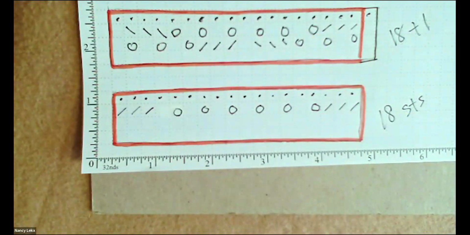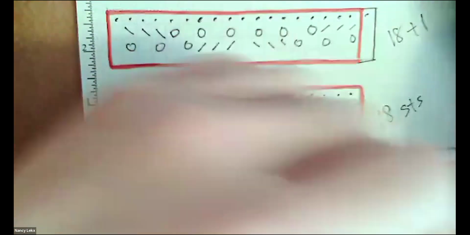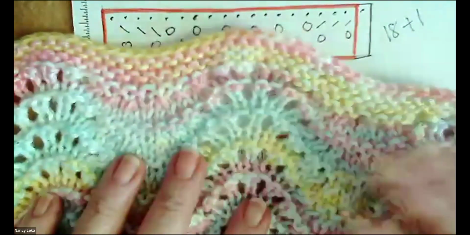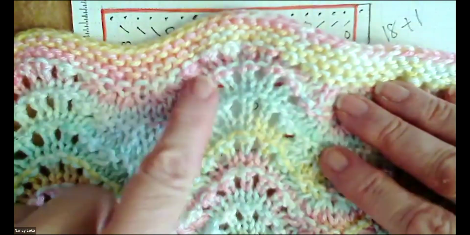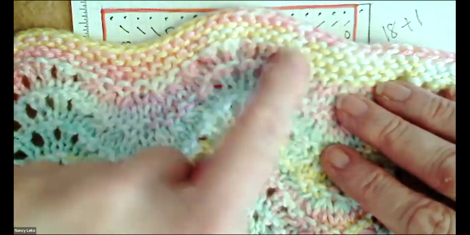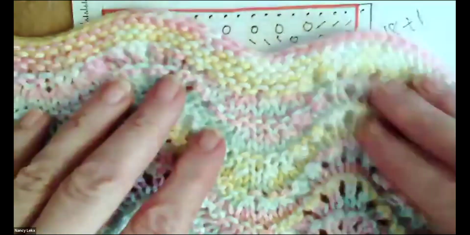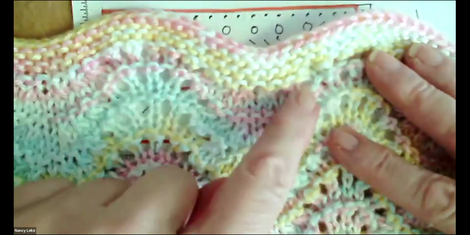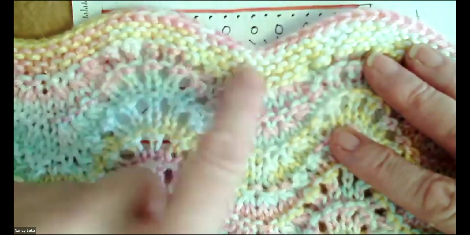Let me get the baby blanket because it's a little bigger. If you centered your blouse up top with the eyelets in the center, this would come up under your chin. But if you centered the pattern with the decreases under your chin, it would naturally dip down.